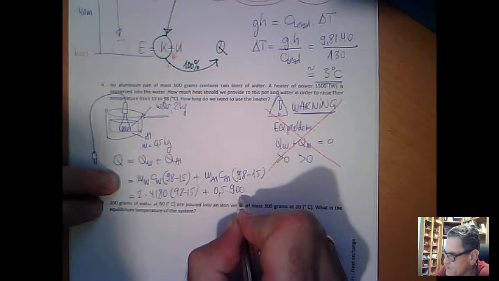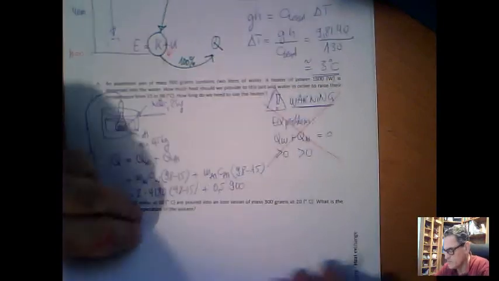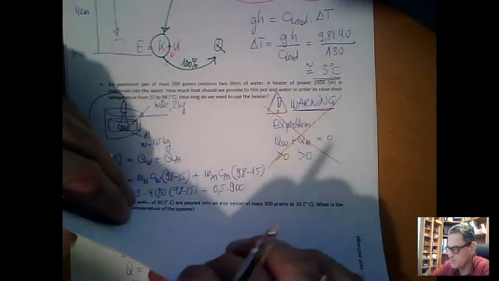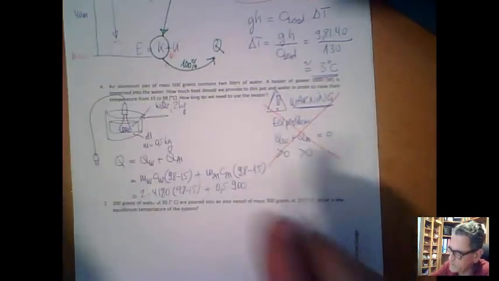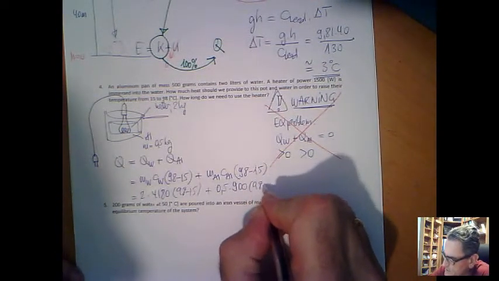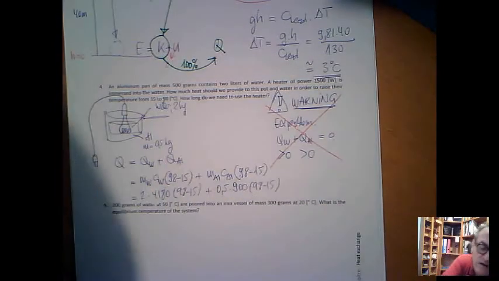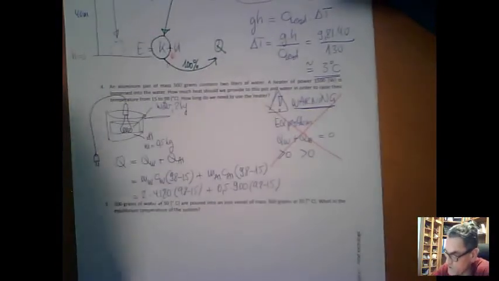It was 900 or 800, I'm not sure now. Aluminium 900 times 98 minus 15.